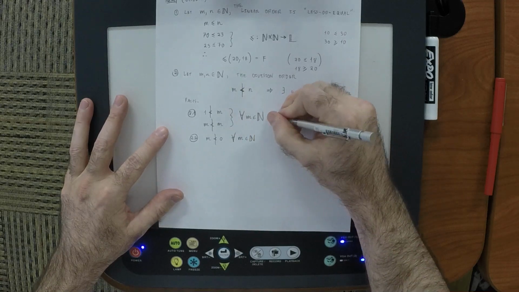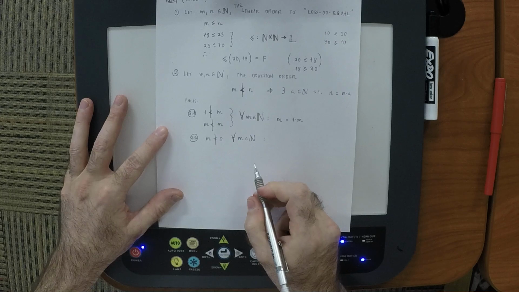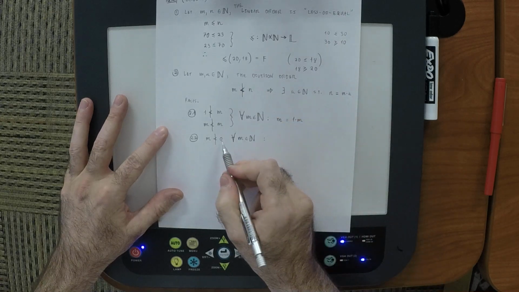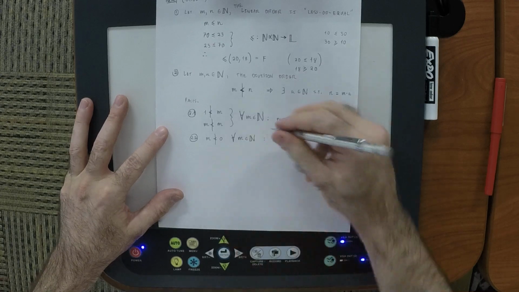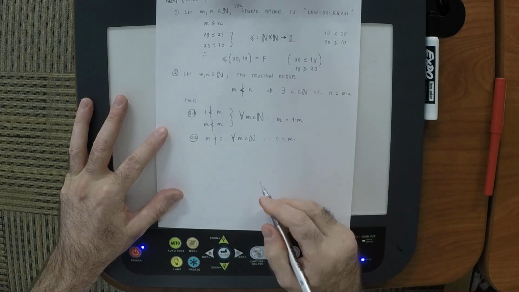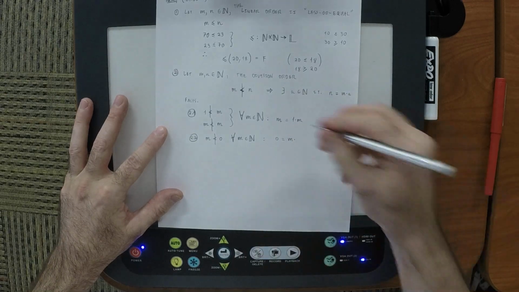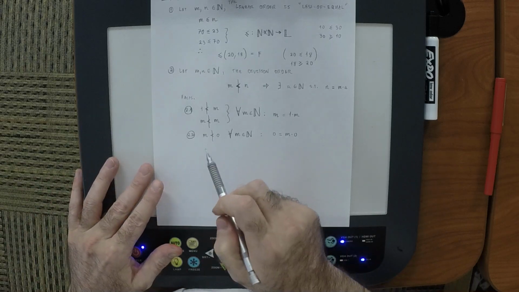If it's true, then we should be able to write an equation. We should be able to factorize 0, and m should be one of the factors. So we should be able to write 0 is equal to m multiplied by 0. So m is a divisor of 0.